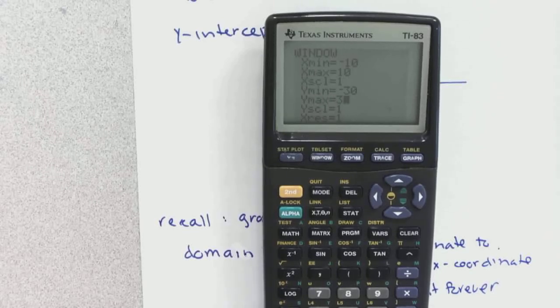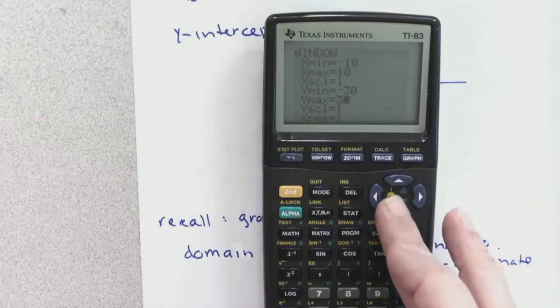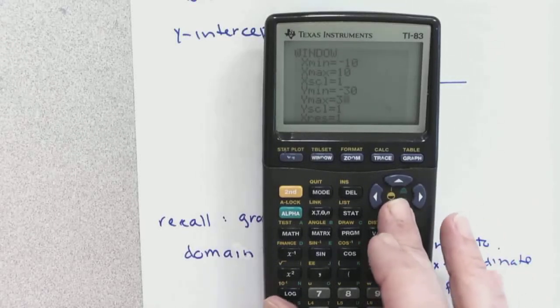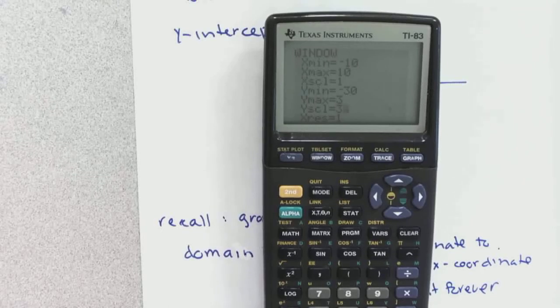I pick something positive so I can still see the axes. If you want to see the axes, your maxes need to be positive, your mins need to be negative. And then I certainly don't need to count that off by ones, so I'm going to count that by 3. So my window is going to label my x-axis from negative 10 to 10, counting by ones. It's going to label my y-axis from negative 30 to 3, counting by threes, and then just press graph.